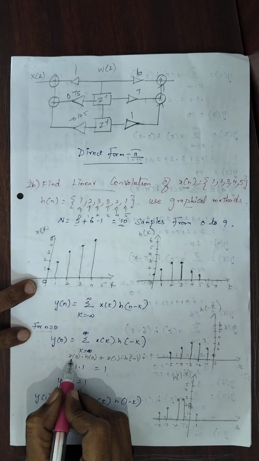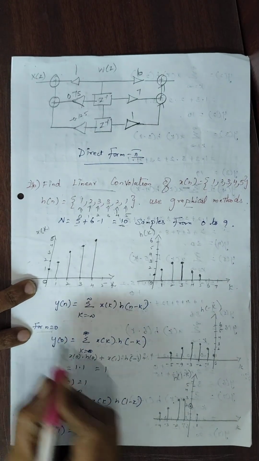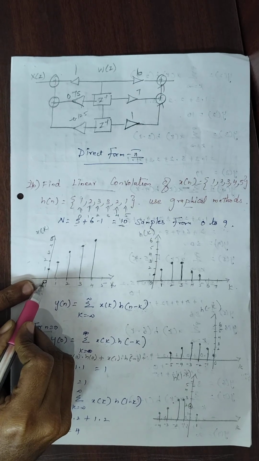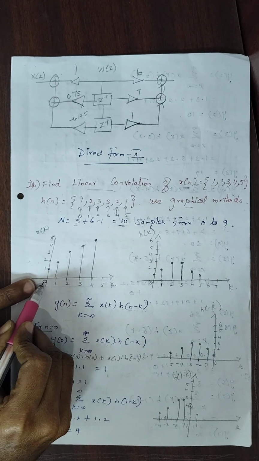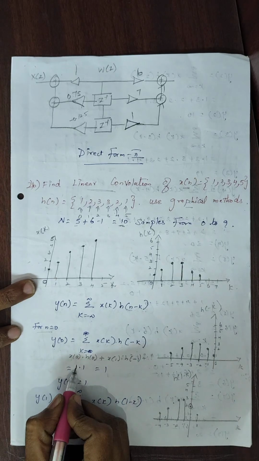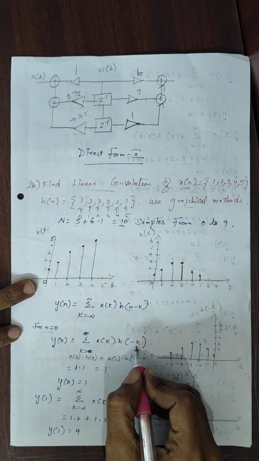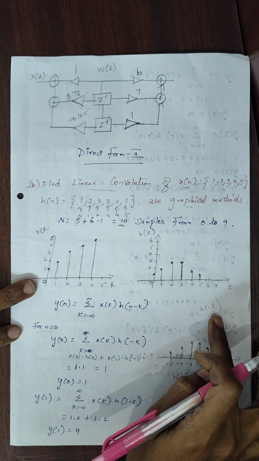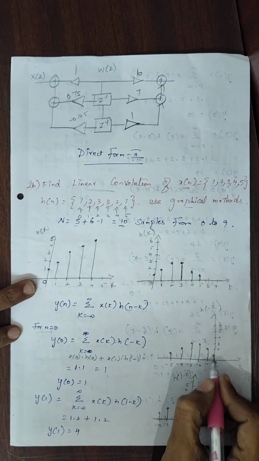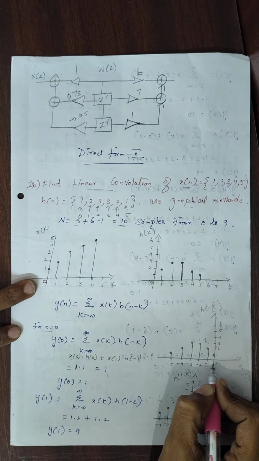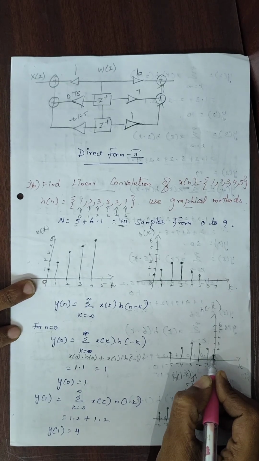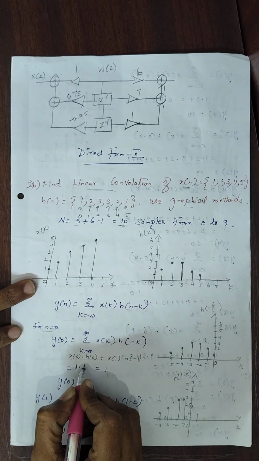See x of 0 dot h of 0. What is the value of x of 0? The amplitude is 1. And for h of minus k, at time 0 the amplitude is 1. So 1 dot 1.